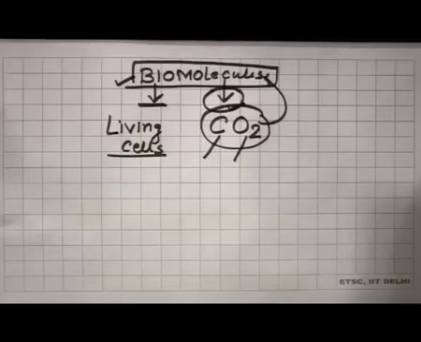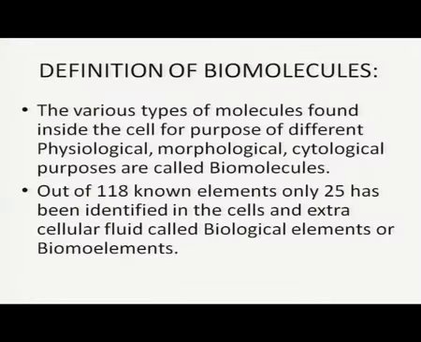Now, we can easily define this. In the periodic table you have seen various types of atoms are present. There are 118 known elements.